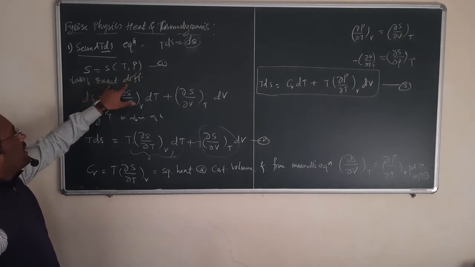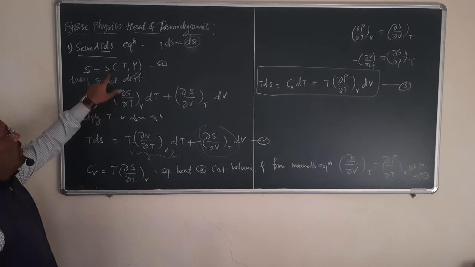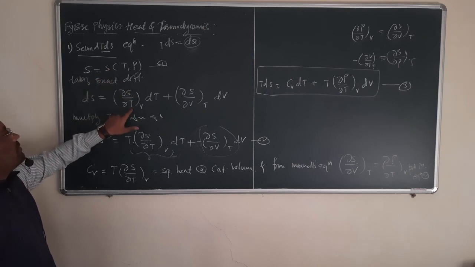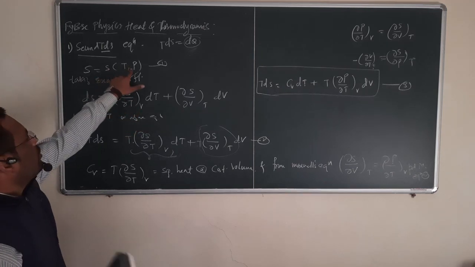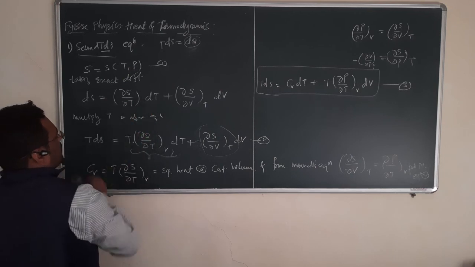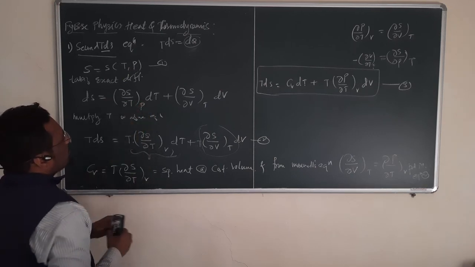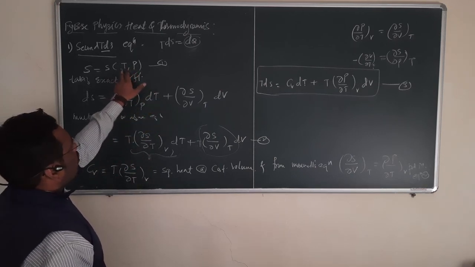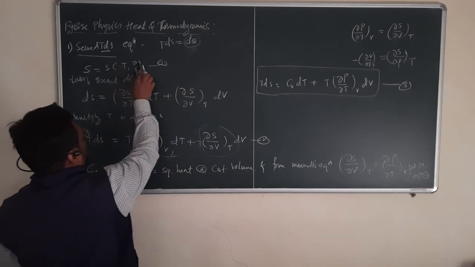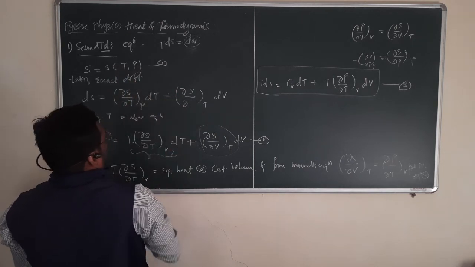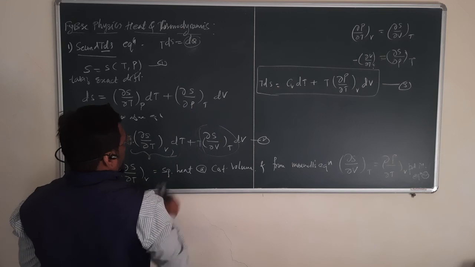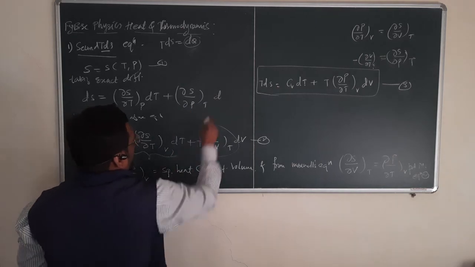Taking the exact differential, dS is equal to the partial derivative of S with respect to T at constant pressure, dT, plus the partial derivative of entropy with respect to the second variable, now pressure, at constant temperature, dP.